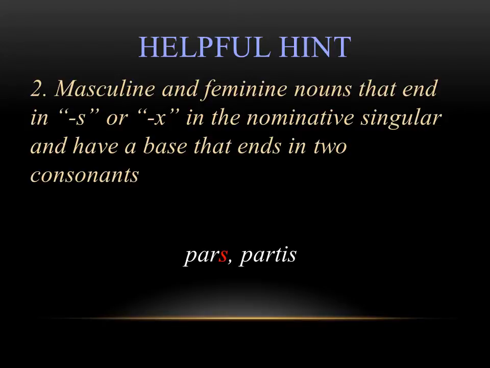And if you'll notice, in the singular nominative, it's ending in an s. So this is our first hint that it might be an I stem. And if we look at the base, and remember, to get the base, we go to the genitive singular and drop the is. The base here would be part, and you'll notice that it's ending in 2 consonants, the rt that I've highlighted here. That's your hint that this will be a third declension I stem noun.